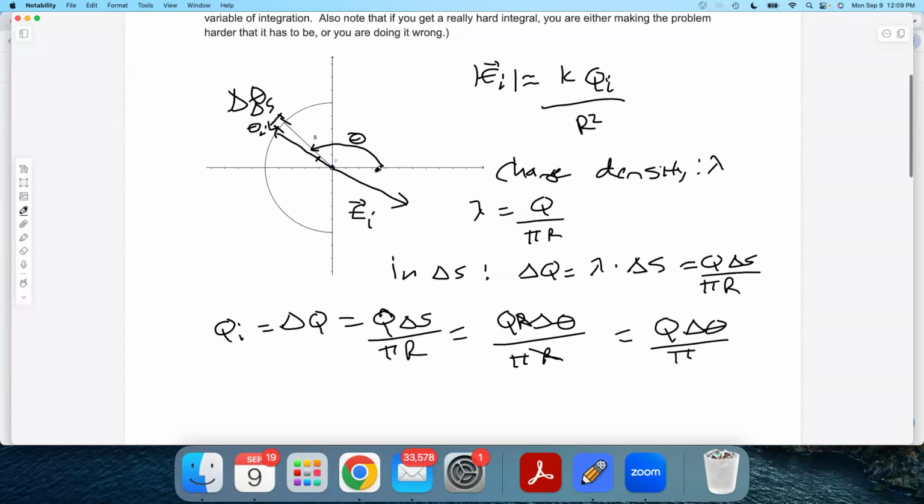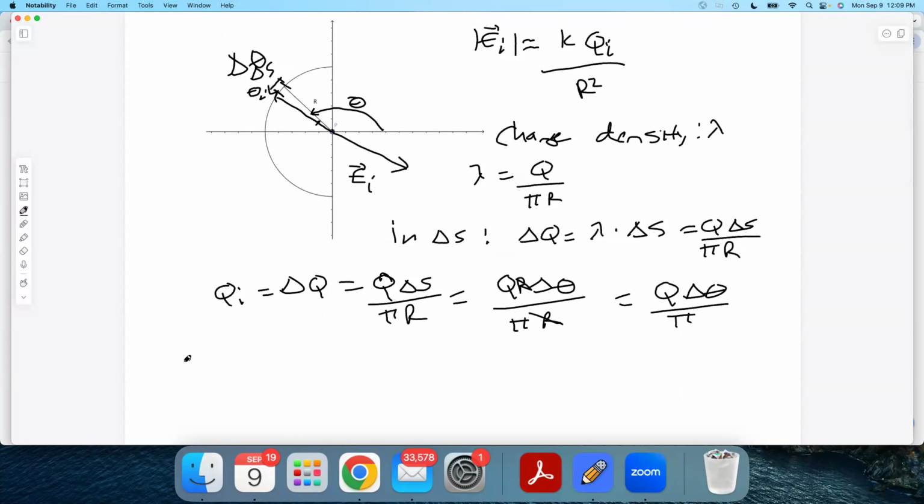Okay, so what we know right now is that the electric field from that little bit of charge that lives right there in magnitude is approximately K times Q delta theta over pi r squared. So I took this and I plugged it right there.